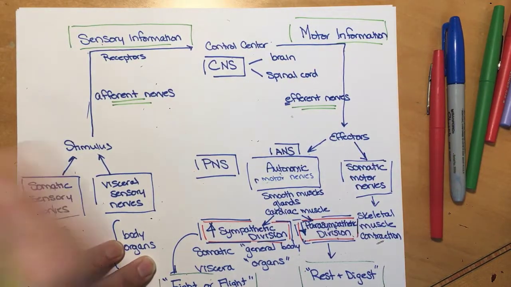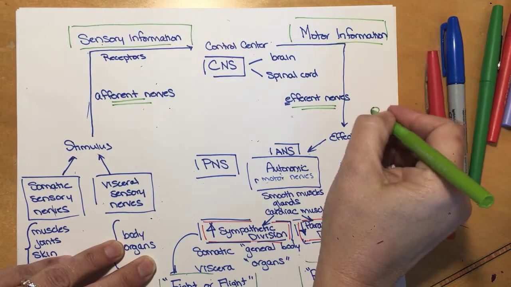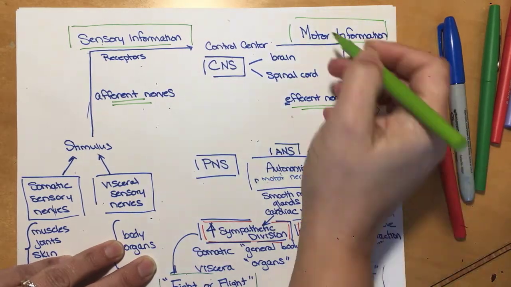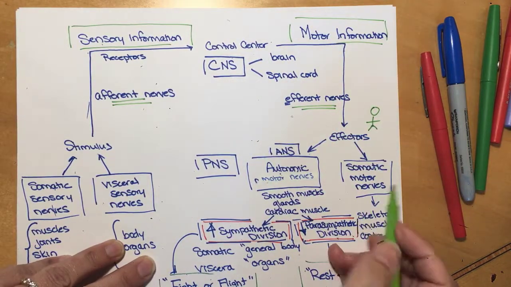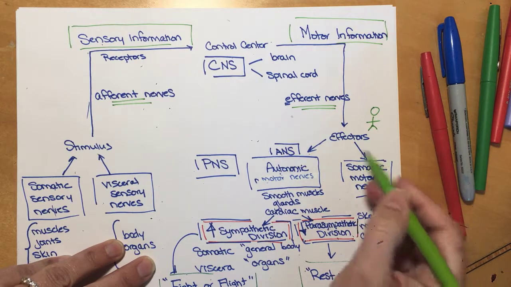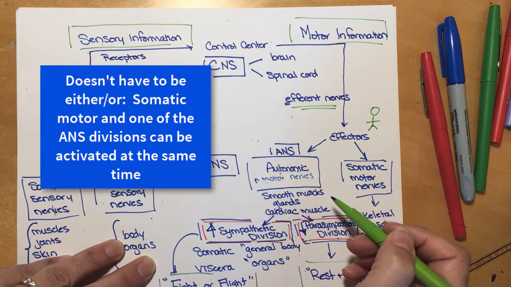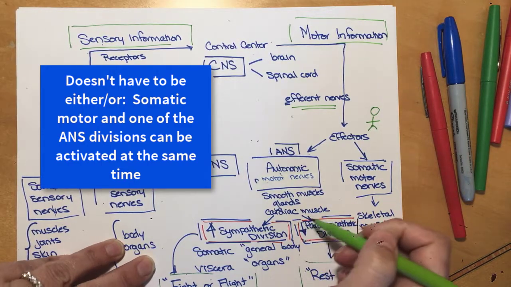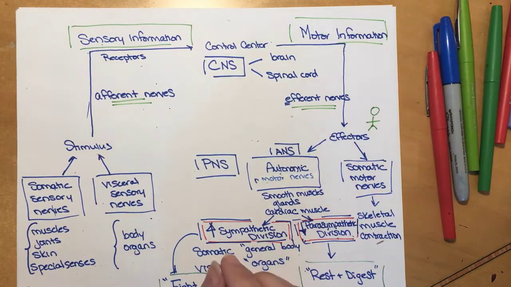It's going to go the other direction from the brain and spinal cord out to the body. Here's the body over here. And those are called efferent nerves because they're leaving the control center. We have two sort of different divisions that we can activate, either the skeletal muscles or the autonomic nervous system, which can either upregulate or downregulate that fight or flight mechanism that we have.